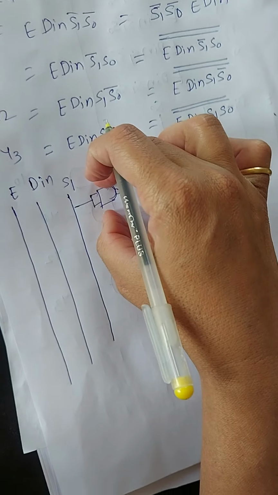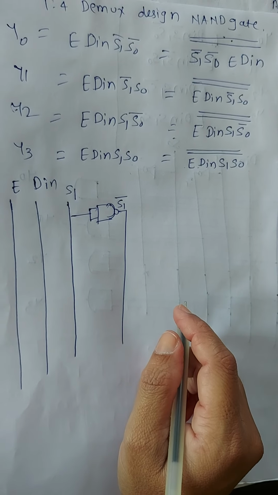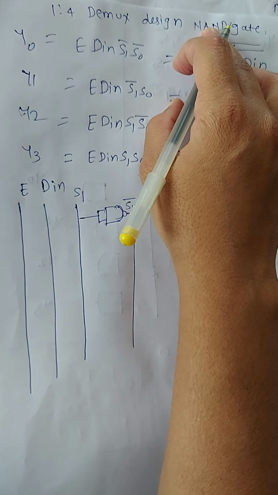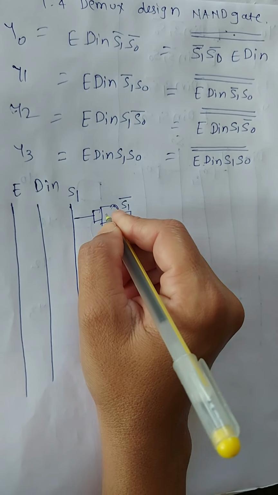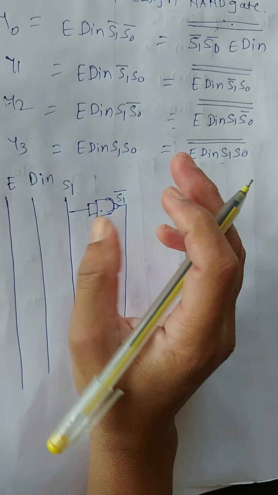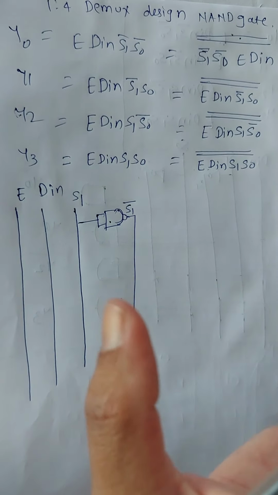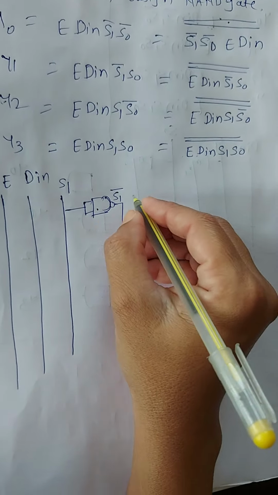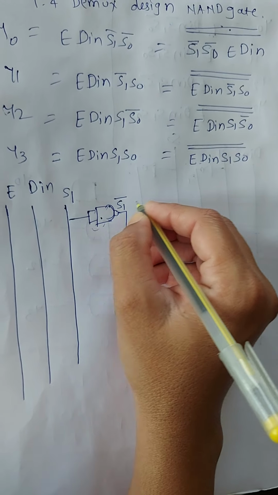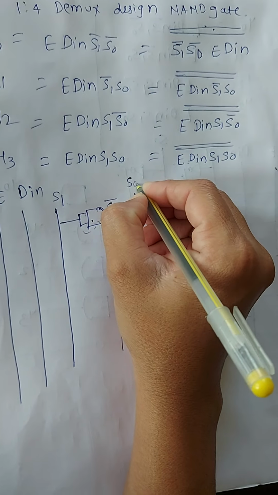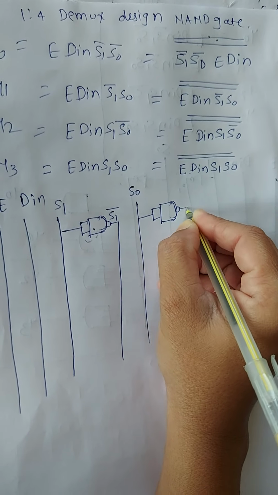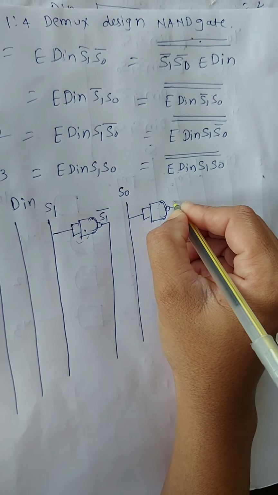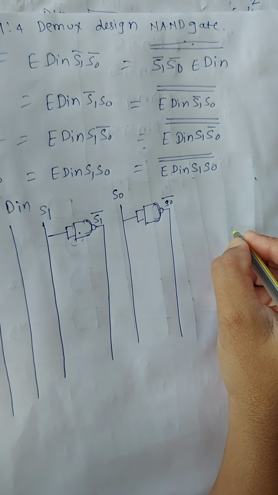The NAND acts as an inverter, not a NOT gate, because we design the demux using only NAND gates. Next, for S0 we connect a NAND gate, and its output is S0 bar. This diagram is only in NAND gates.